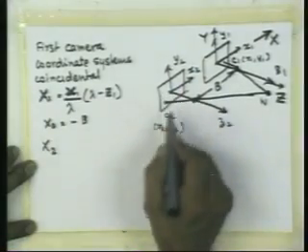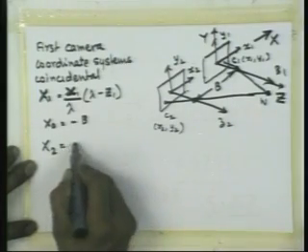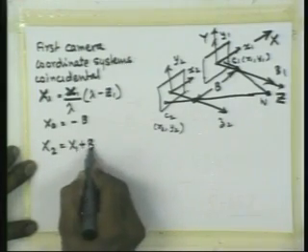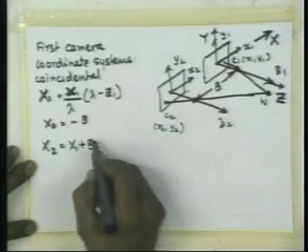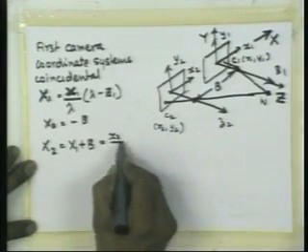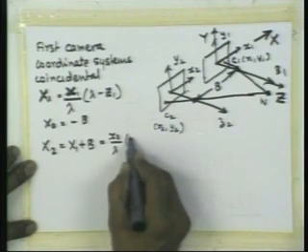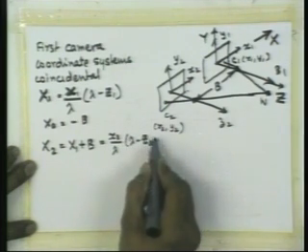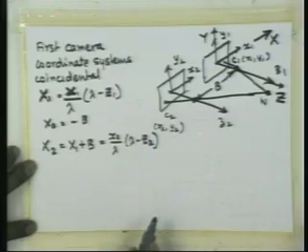So, we have a very simple case. What we can determine is that x2, which is the coordinate of this with respect to this coordinate frame, is nothing but x1 plus b, and this can now simply be written as x2 divided by lambda minus z2.